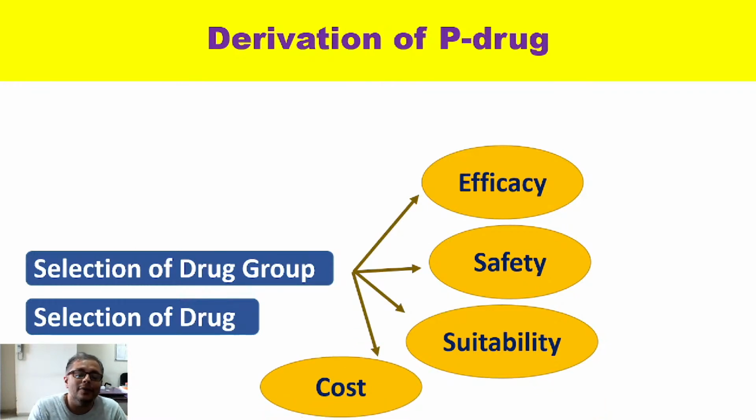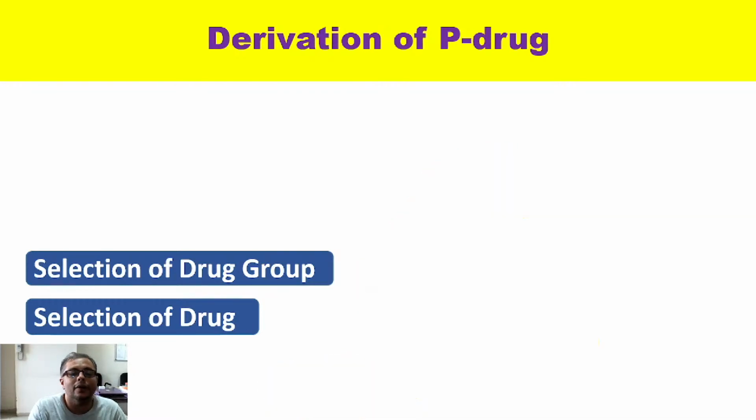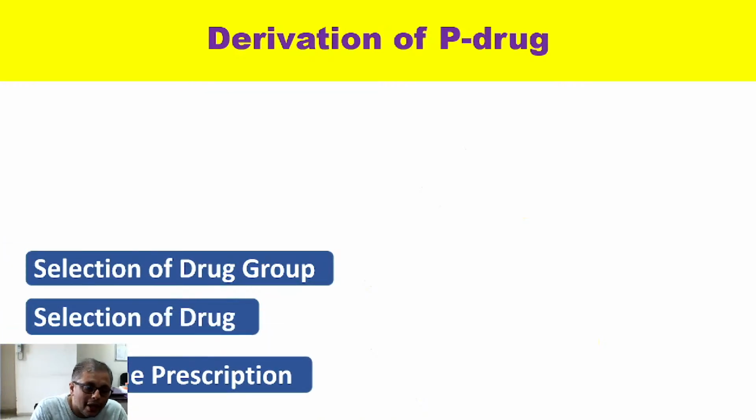And lastly, the cost. Based on these four parameters, you have to select the drug group and the drug. And the majority of students forget the last but very important step: you have to write the prescription also.